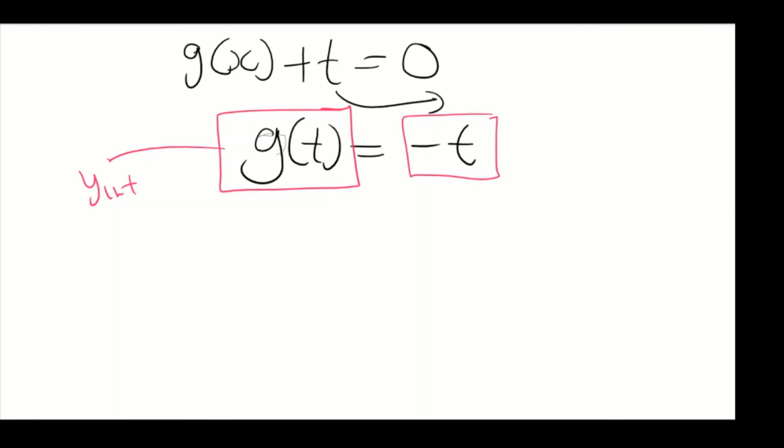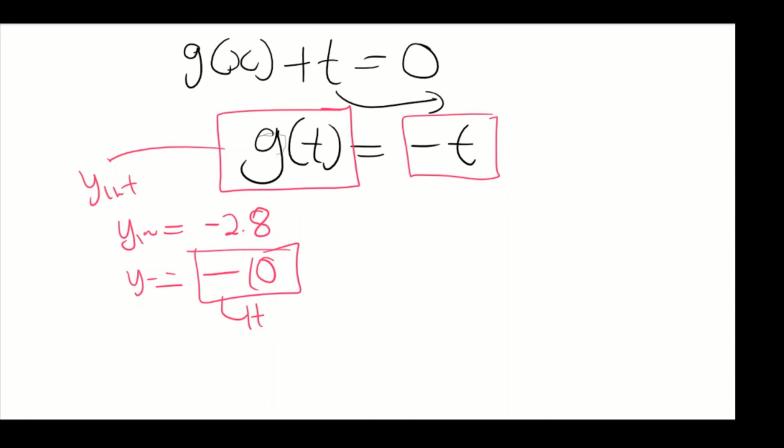And if you recall the y-intercepts of previous questions, we had a y-intercept which is equal to minus 2.8, and another y-intercept which is equal to minus 10, right? The minus 10 was actually the horizontal asymptote, right? So we're having these two y values here, which are actually equal to minus t.